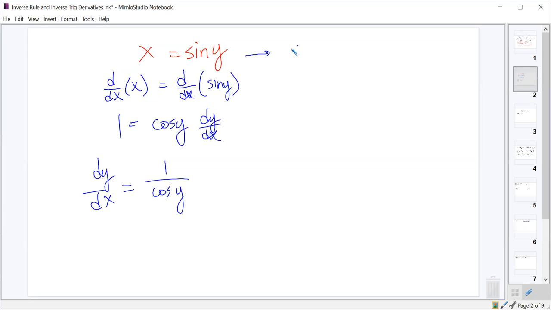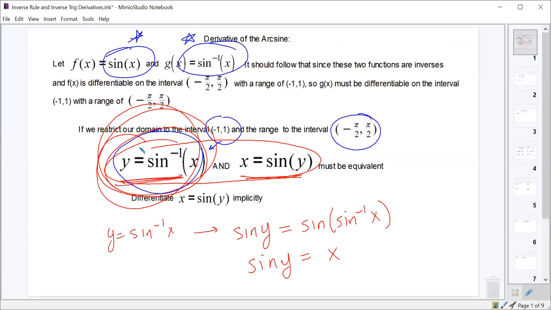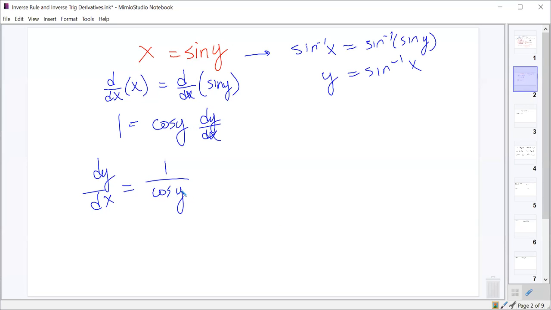I think so. Okay, so you want to get y equals inverse sine of x, which is the equation we had to begin with, and plug it in.